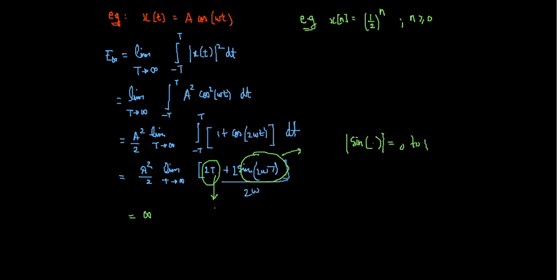If energy is infinite, we should go for a power check. Did all of you get this A square? There should be some more, it should be 2 there, because 1 plus cos 2 omega t by 2 should also be there. A square by 2 should come there. Let's solve it.